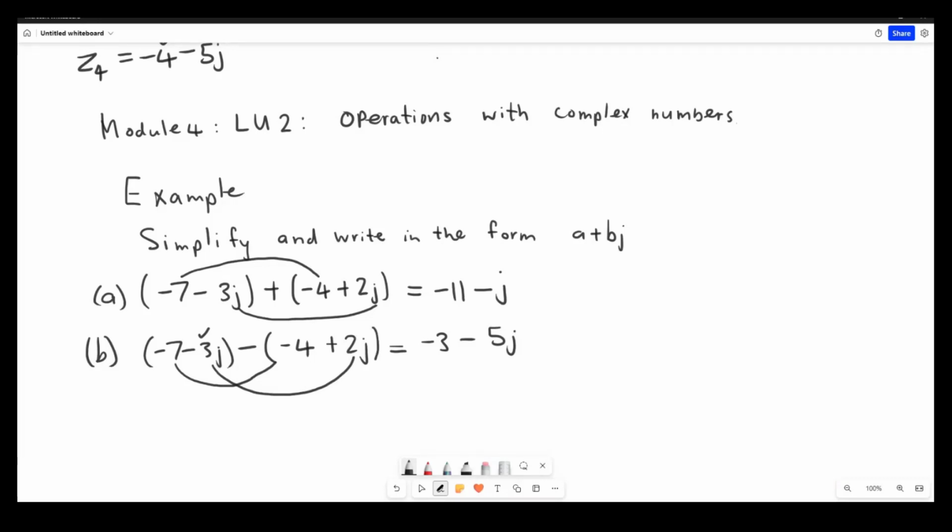So it's minus 5j, and then you had -7 minus -4, which gives you -3. So there are your two complex numbers: -11 minus j and -3 minus 5j. Let me stop and just check if there are any questions for clarification, guys.